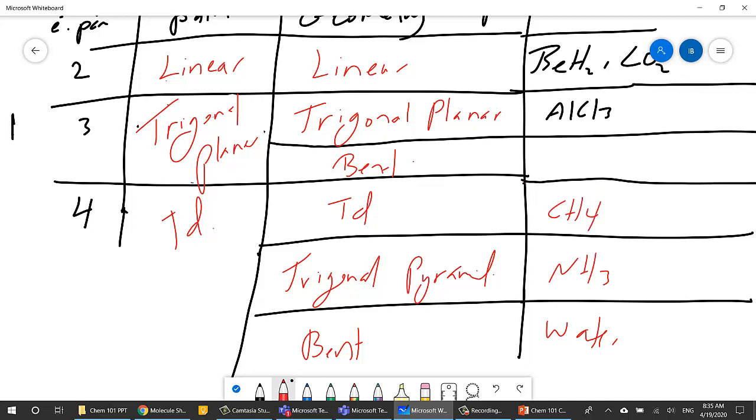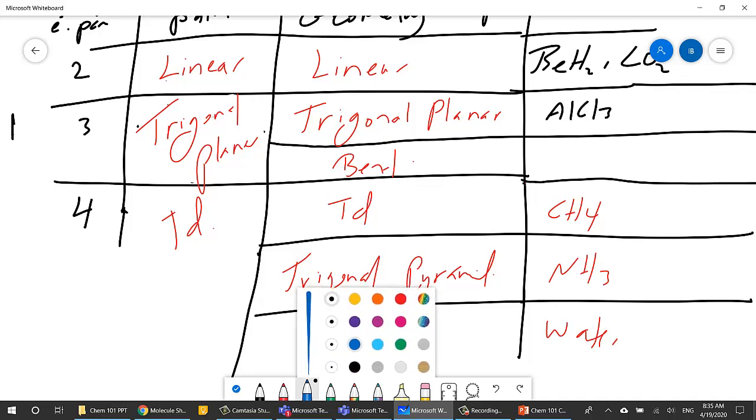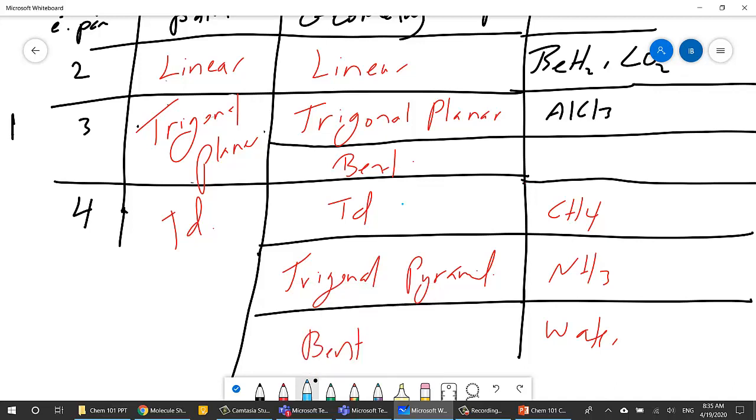So see here, we have a bent that belongs to trigonal planar, and we have a bent that belongs to the tetrahedral. So it depends on the number of electron pairs.